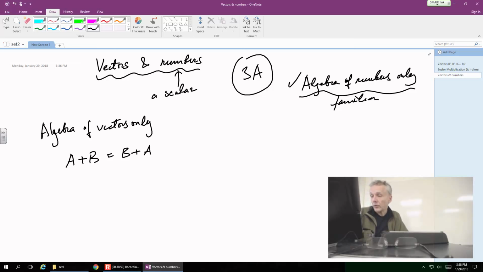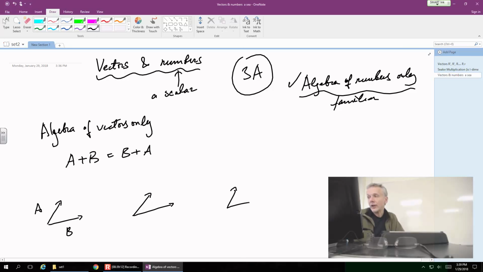Let me demonstrate what I mean here. So I start with a followed by b. Well, no, let's not follow. The idea is that they're side by side, so this is A and this is B. Okay, so I can carry out the left-hand side and the right-hand side. They are opposite, right? So first I take A and then add B. So how?